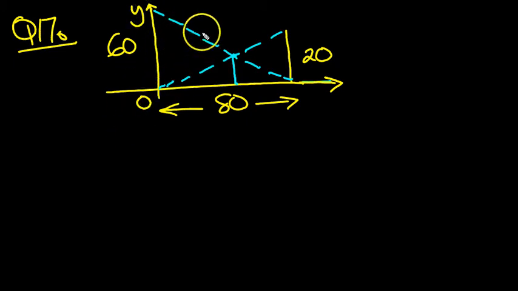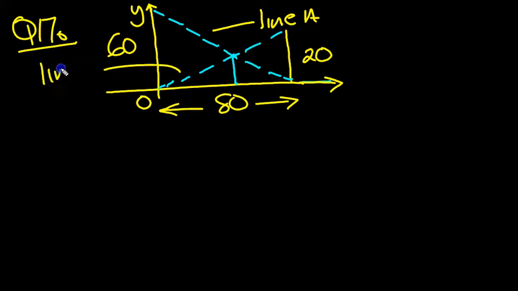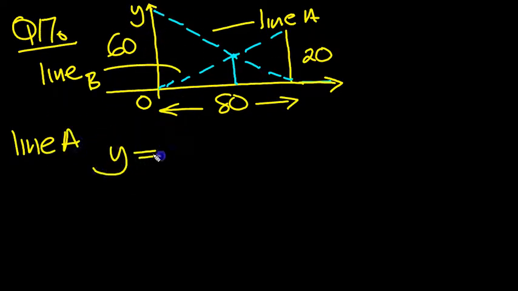So the first line then, we'll call this line A, and we'll call this one line B. Okay, so as far as line A is concerned then, what have we got? We've got y equals mx plus c, and the intercept for this line A is 60 because it's the height 60.